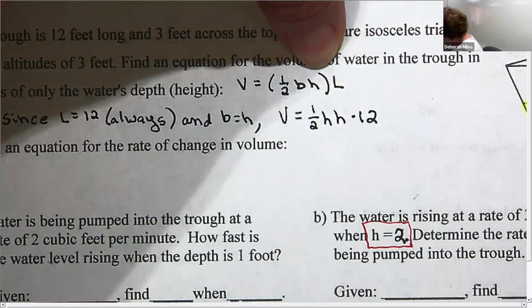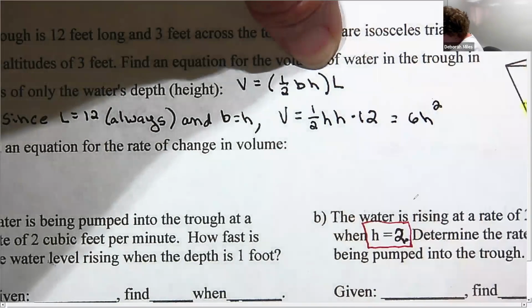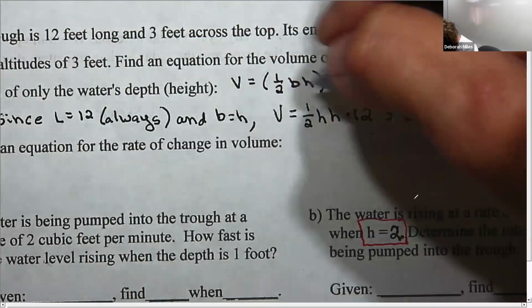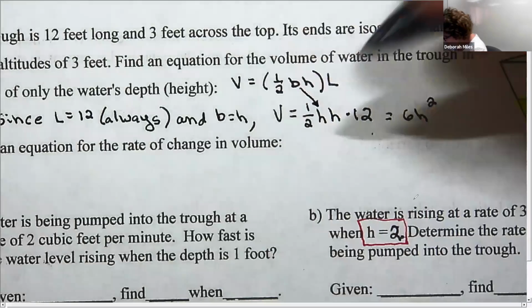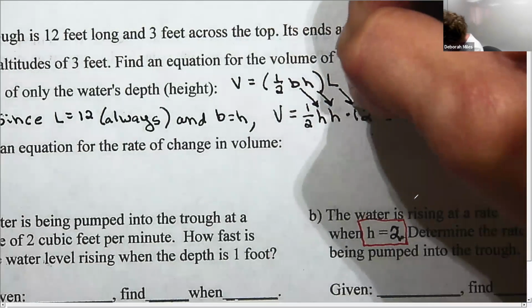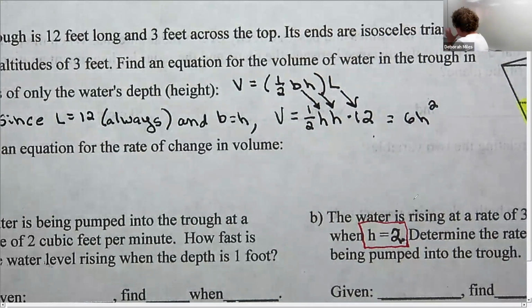Yeah, I could clean that up to be 6H squared. I'm putting 12 in place of L, and I'm putting H in place of B. The volume of that trough is just 6 times however high the water is at any given moment squared. All right.